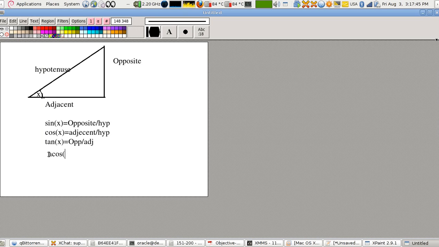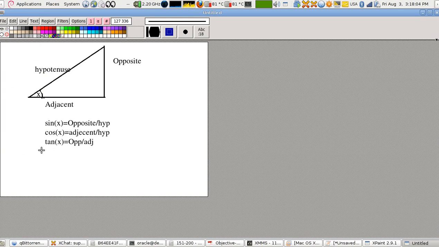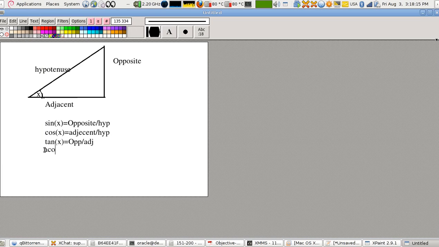a cosine of x, and there is also an inverse, the a cosine of some value, not an angle, okay, to give you x, okay.